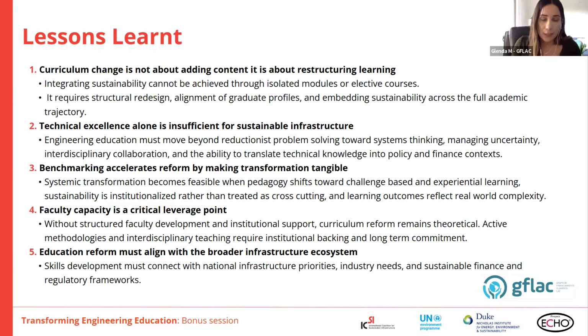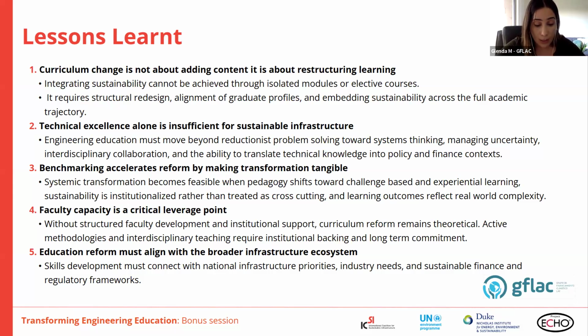We identified 5 key lessons. The first one is that curriculum change is not about adding content. It requires restructuring learning and embedding sustainability across the entire academic trajectory. And the second one, technical excellence alone is insufficient, because engineers must be trained in systems thinking, uncertainty management, interdisciplinary collaboration, and translation across policy and finance domains.